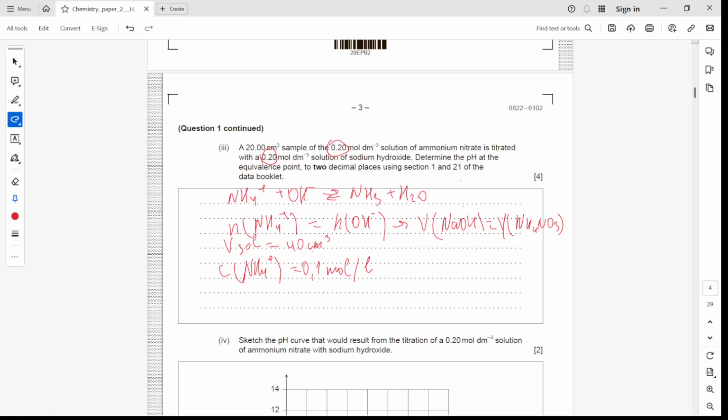But imagine this is before the ammonium ion reacted with sodium hydroxide, and all of the ammonium ions reacted with sodium hydroxide, and if there was 0.1 mole per liter and there was 0.1 mole per liter, that means that there is also 0.1 ammonia.